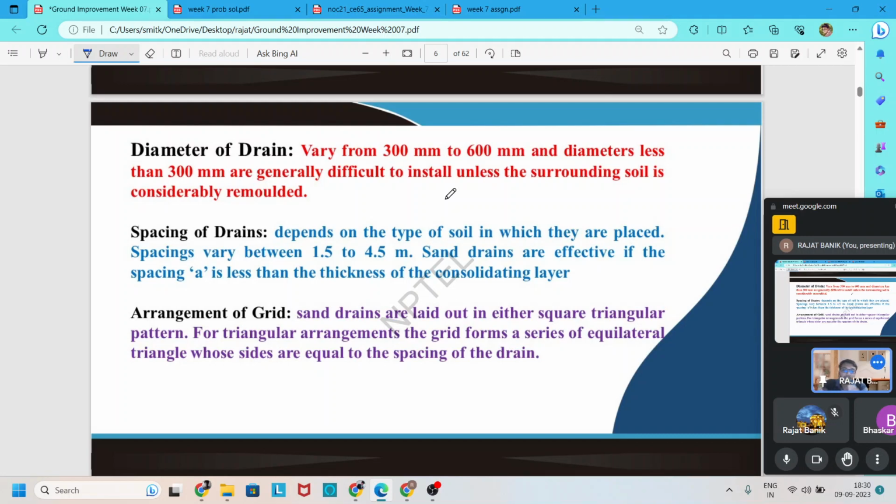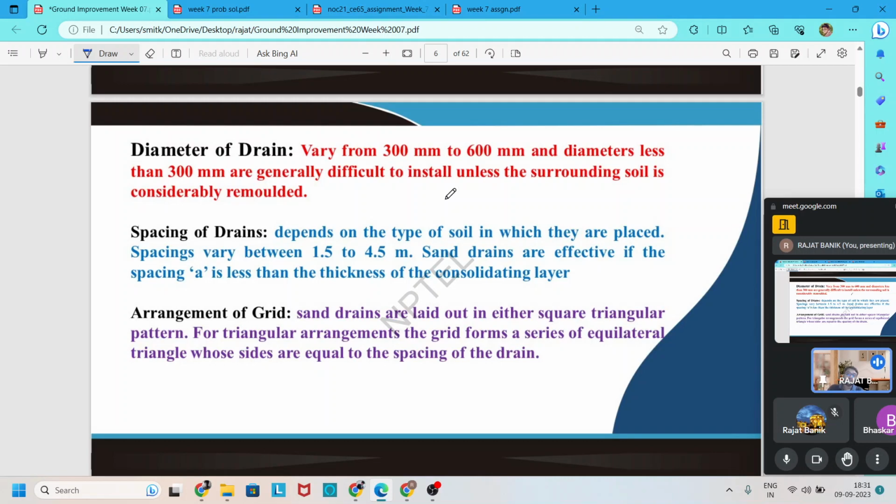So it is said that the diameter of this vertical drain should range between 300 mm to 600 mm, and it should not be less than 300 mm, because if it is less than 300 mm, it is difficult to install, because the resistance of the soil to take this vertical drain is not possible. So we apply these vertical drains in between.